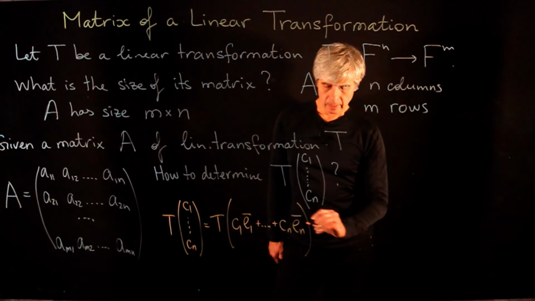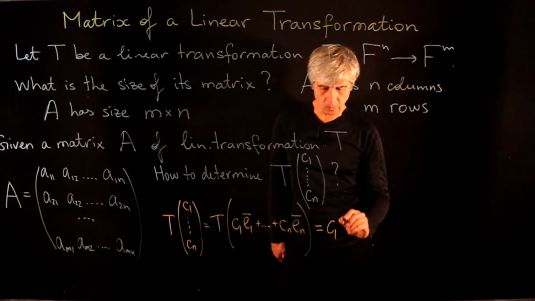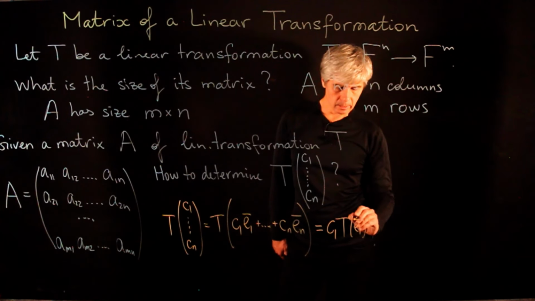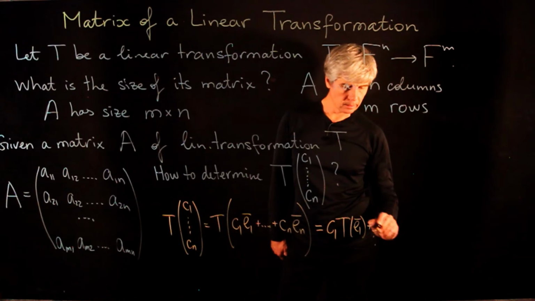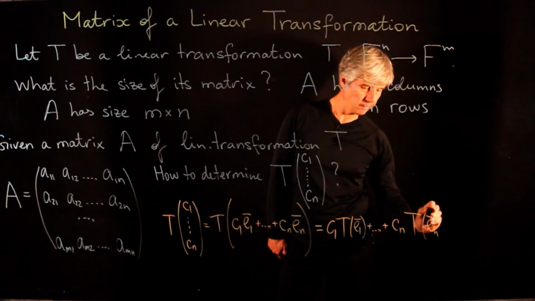Because this is a linear transformation, the result is C1 T(E1) plus Cn T(En).